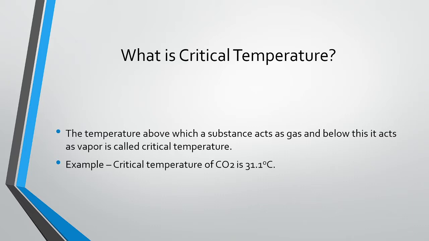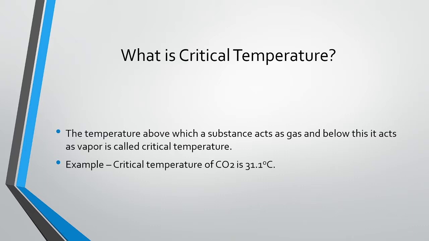For example, the critical temperature of carbon dioxide is 31.1 degrees centigrade. So this is the critical temperature, and if the temperature is 31.3, then it will be a gas form of carbon dioxide.